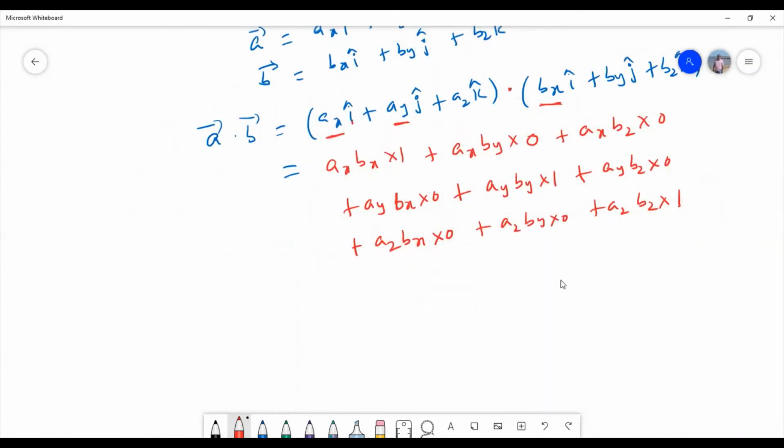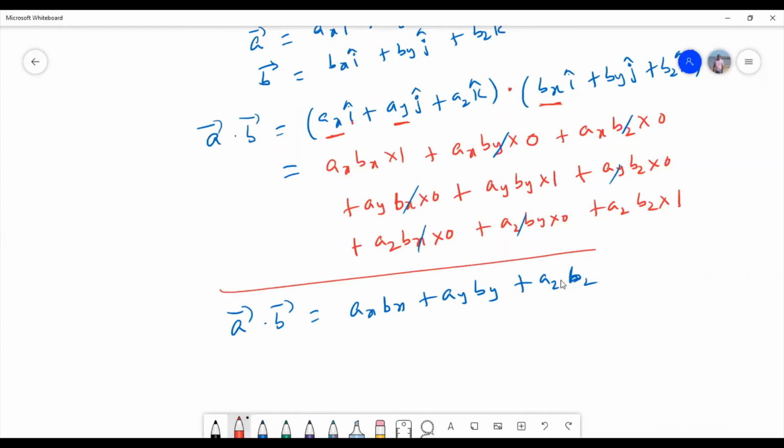So if we add all the terms, this becomes 0, this becomes 0, and what I am left with, ultimately A bar dot B bar is AX BX plus AY BY plus AZ BZ. So simply when we want to take the dot product, simply multiply the coefficients.